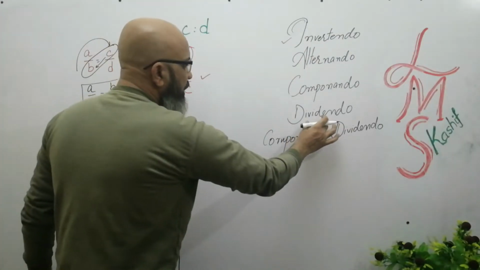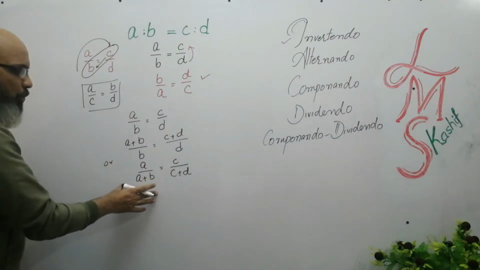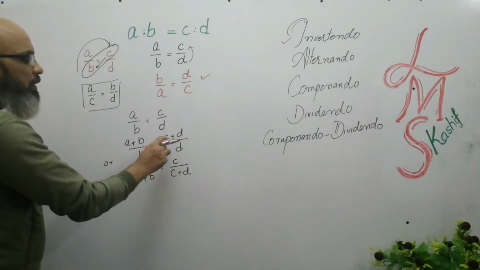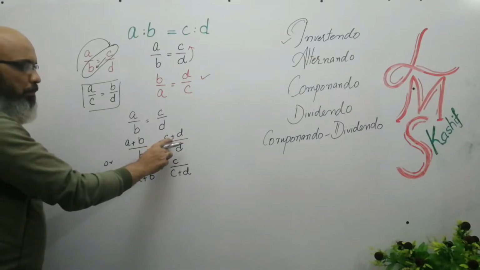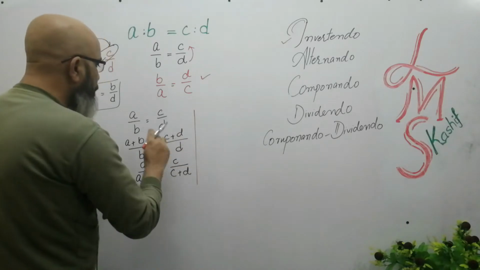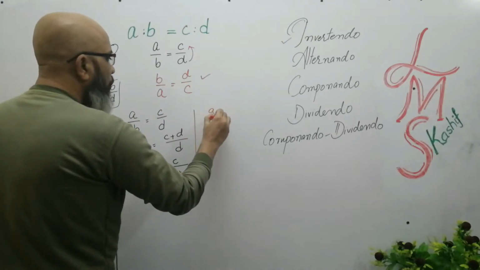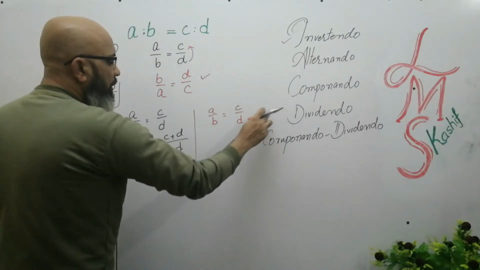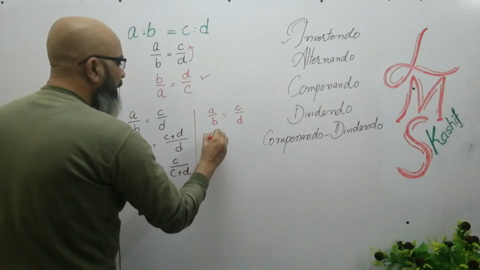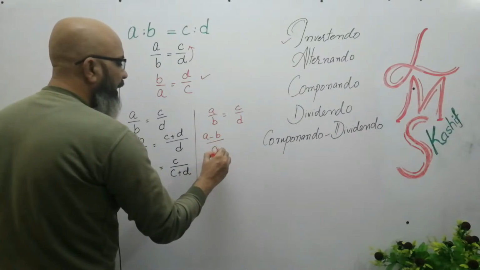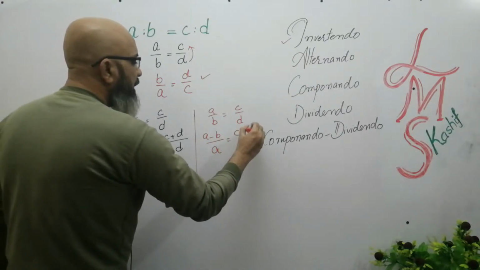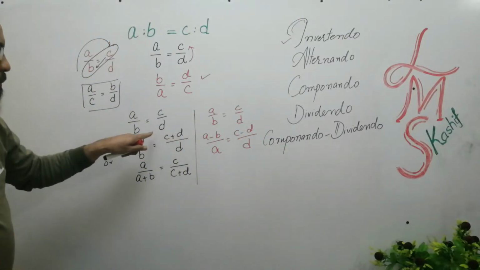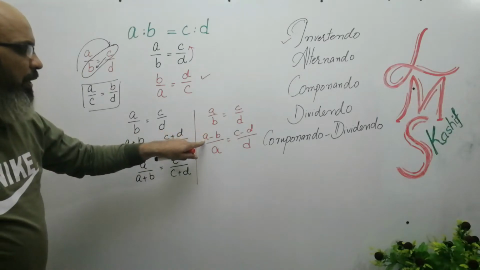And then the dividendo theorem, that is similar to this property. In this property, we will subtract instead of plus. यानी प्लस करने की जगह पे हम उसको माइनस करेंगे. A over B is equal to C over D. So according to dividendo theorem, we will get A minus B over B is equal to C minus D over D. Here we add in componendo theorem, and in dividendo theorem we will subtract.